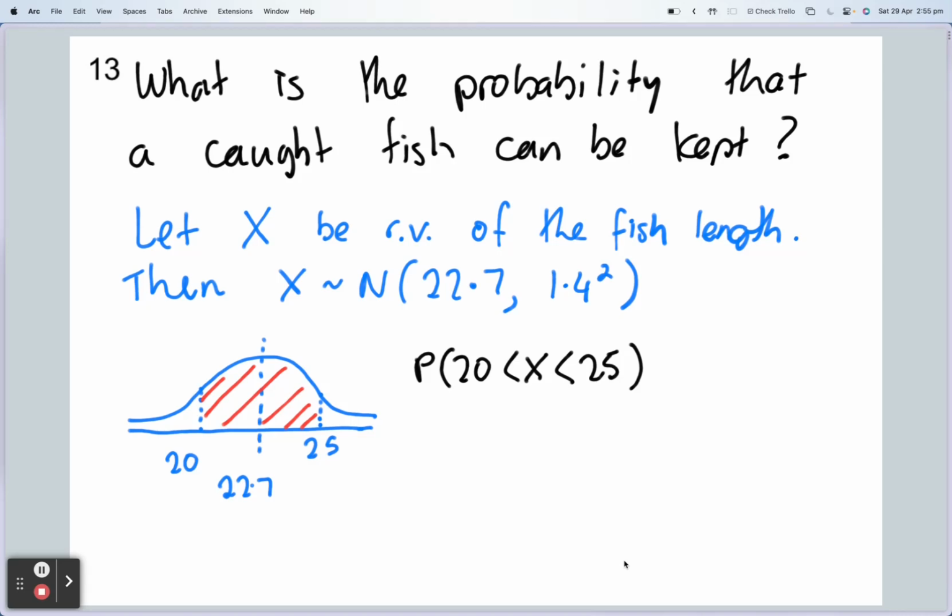We are going to go to our calculator and put those values in, and we'll get an answer back. So we are going to use norm CDF with a lower bound of 20 and an upper bound of 25, with a mean of 22.7 and a standard deviation of 1.4. So that's our calculator operation, which I'll now put into our calculator.